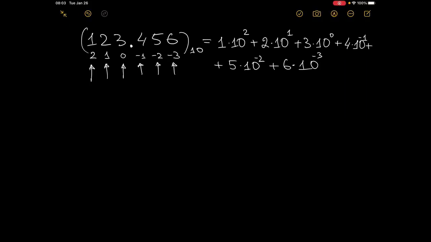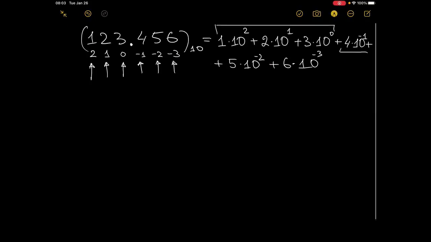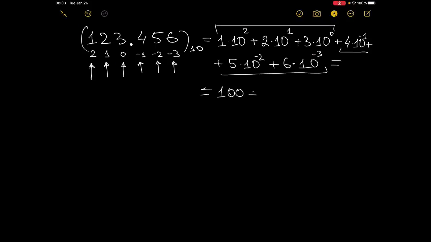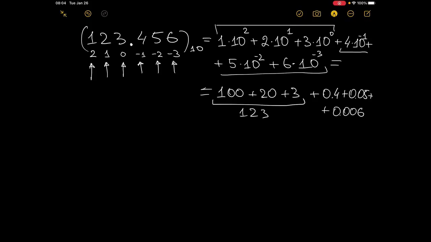So if you collect this together and that separately, we would get 100 plus 20 plus 3, right? 123 plus 0.4 plus 0.05 plus 0.006.